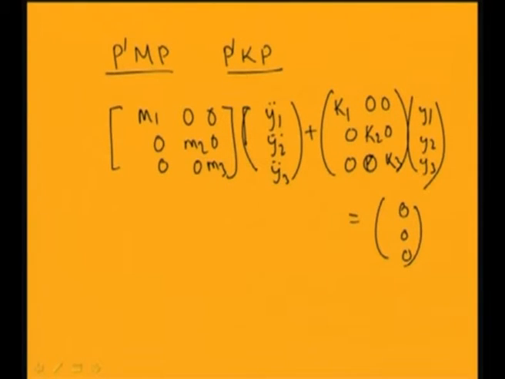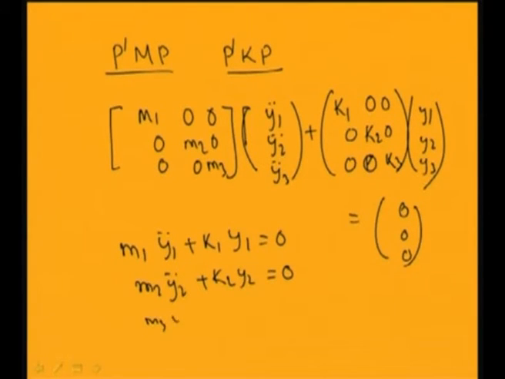So this equation can be written in terms of 3 single degree of freedom system equations: M1 Y1 double dot plus K1 Y1 equal to 0, M2 Y2 double dot plus K2 Y2 equal to 0, and M3 Y3 double dot plus K3 Y3 equal to 0.